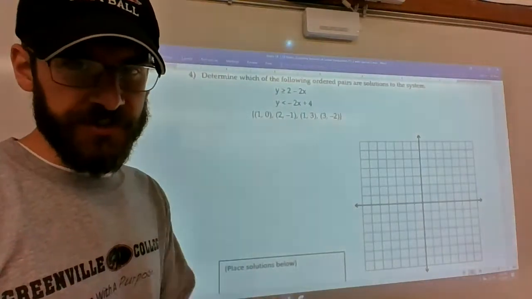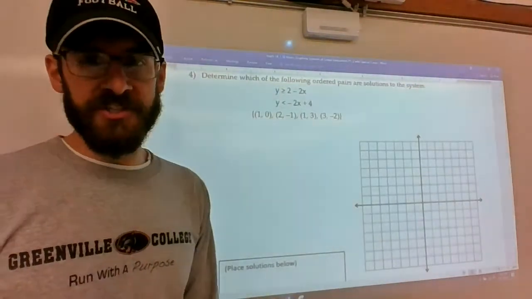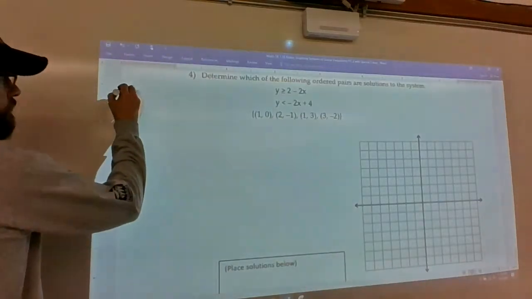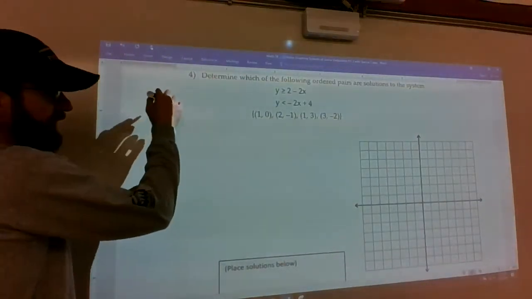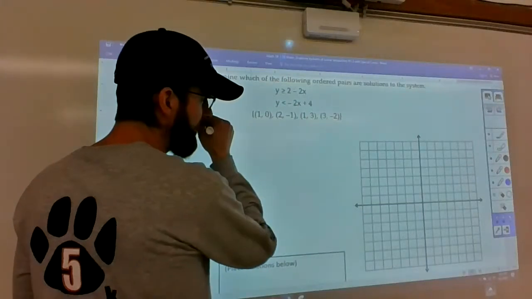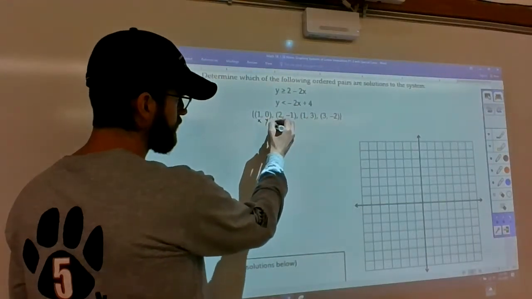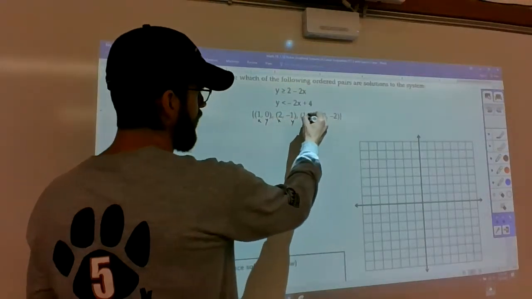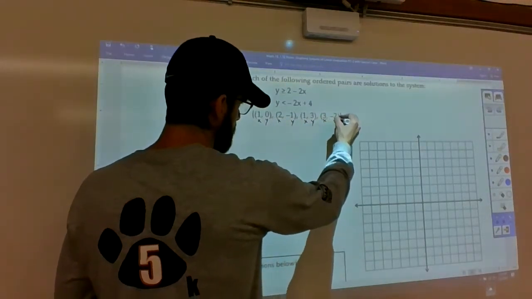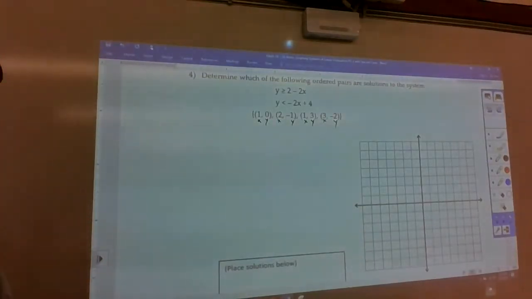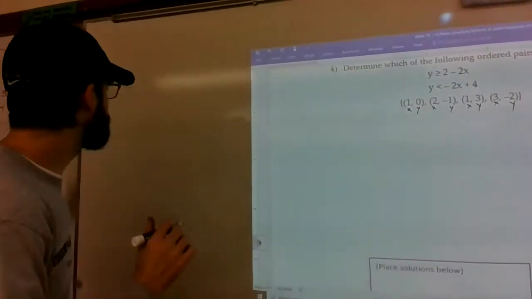There's two approaches. The first approach is to not graph anything at all. You take both equations and you plug in this for the x, this for the y, for each of the pairs. And let me show you how that works. Maybe I'll do that over here.